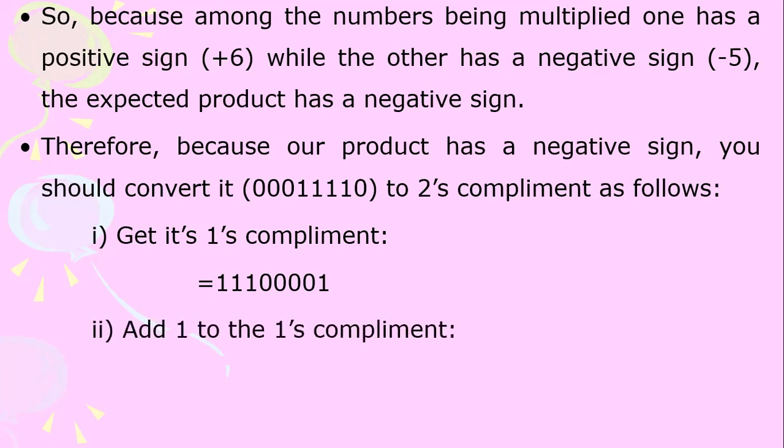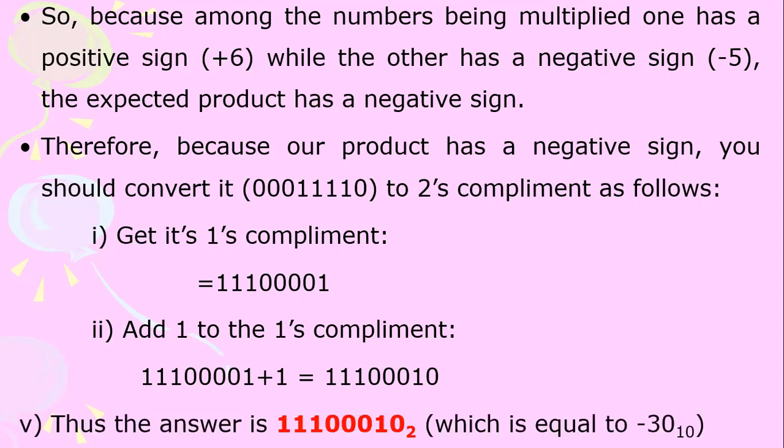Then we add 1 to the 1's complement. So we add 1 to 1, 1, 1, 0, 0, 0, 0, 1. And what we get, my dear students, and the rest of the learners, when you add these numbers, you get 1, 1, 1, 0, 0, 0, 1, 0.